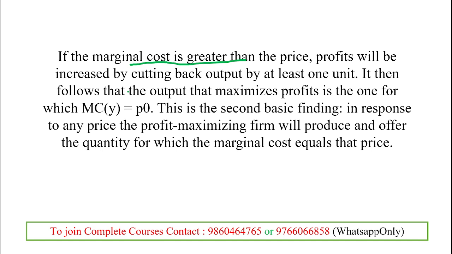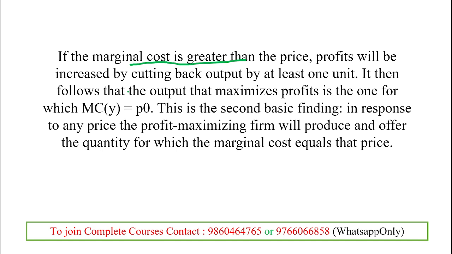When cost is increasing, they cannot incur an additional 1 unit. It makes profit low, so for 1 unit it will make a loss for the business firm. This is the second case.